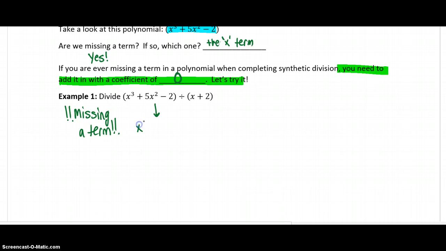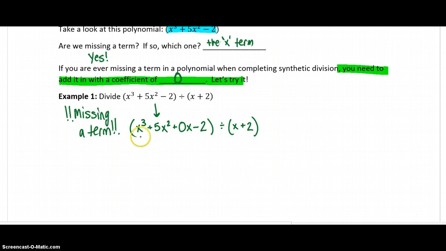Instead, it's going to be x to the third plus 5x squared plus 0x minus 2. That way I have every coefficient that I need in order to do synthetic division. So now I'm doing this expression divided by x plus 2. And now I can go ahead and get started on the process that is synthetic division.